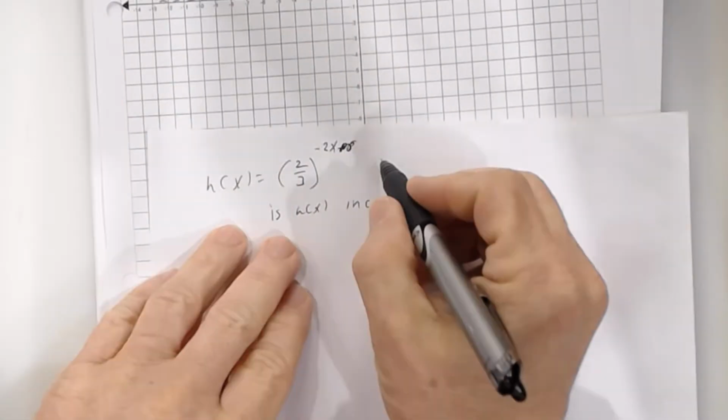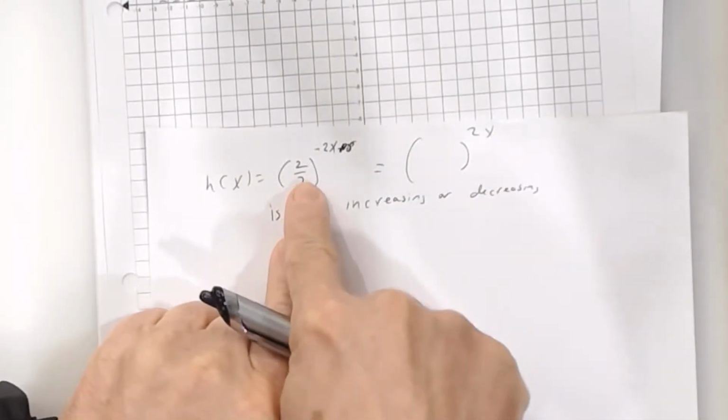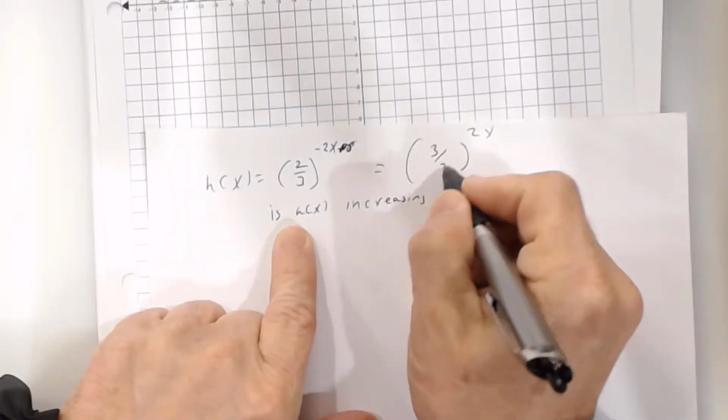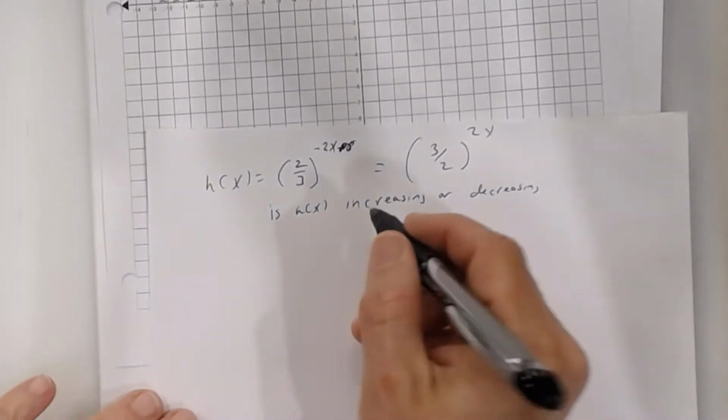So if I want to rewrite this with a positive 2x, then I've got to do what to this base? Take the reciprocal. And so now notice that 3/2 is bigger than what number? 1. And so remember, the base is greater than 1. It's an increasing function. So this is increasing.